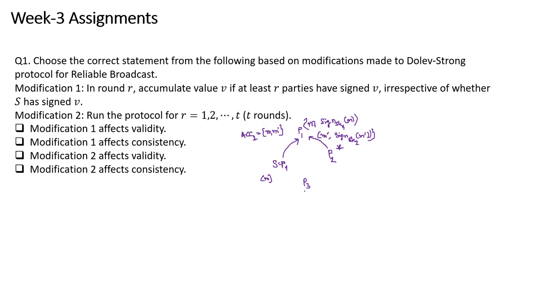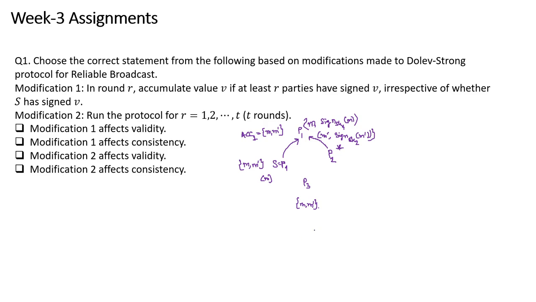The same goes for P3. After receiving such content from the corrupt party P2, P3 will also have both M and M dash inside its list, and P4 will also have both M and M dash in its accumulator list.